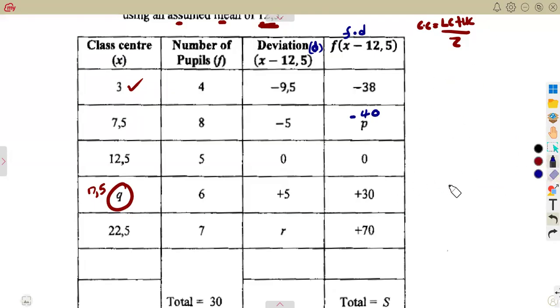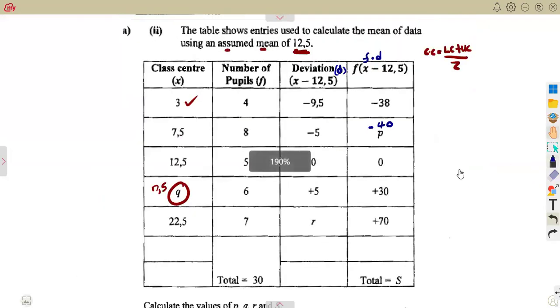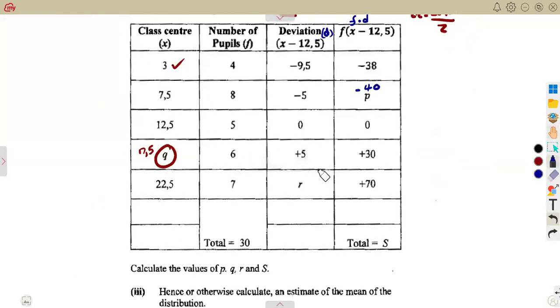Okay, let's check another part. What is it that we need? We need the R in this case, which is the deviation. Remember, X is the class center, and deviation is class center minus assumed mean. They already wrote the assumed mean there.